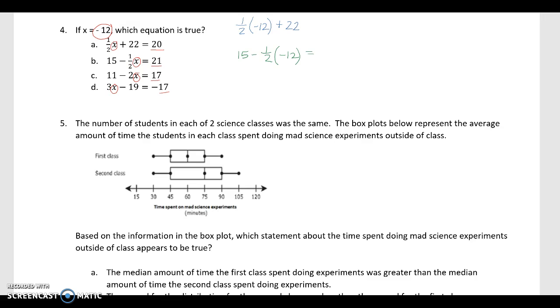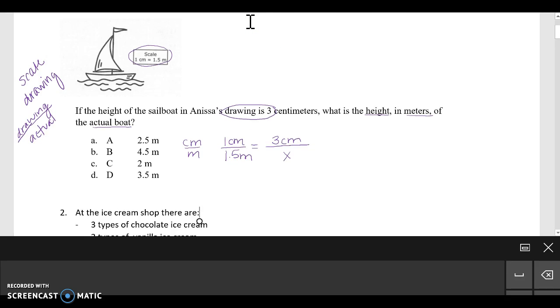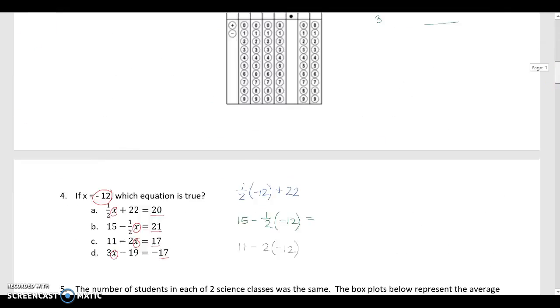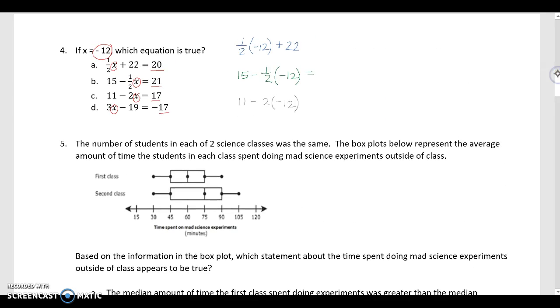Then you're going to do another one, 11 minus 2 times negative 12, and see if that equals 17. And then the last one, we'll do 3 times negative 12 minus 19.